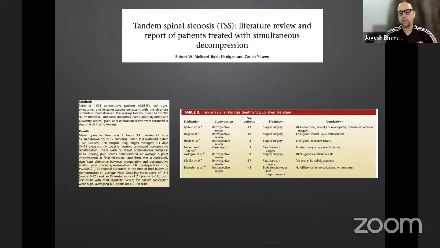However, he proposed that the surgical decision whether to do cervical or lumbar first depended on whichever symptoms were more prominent.